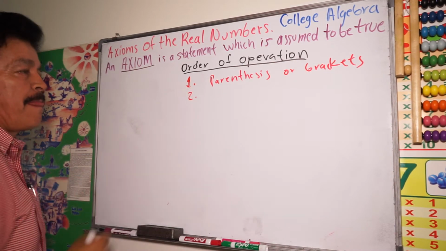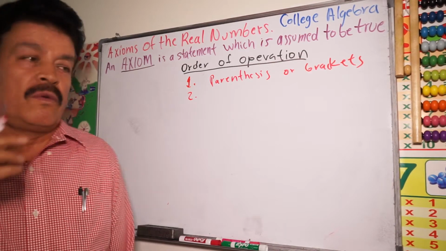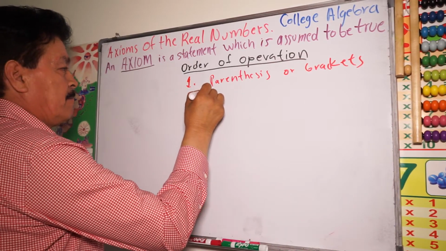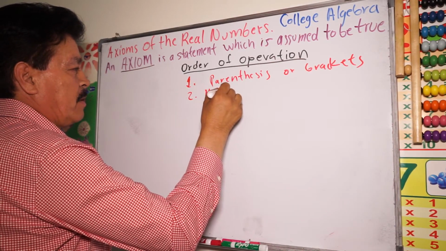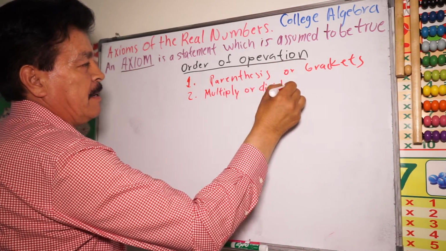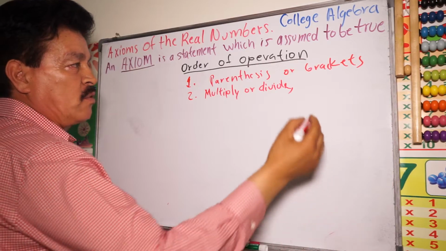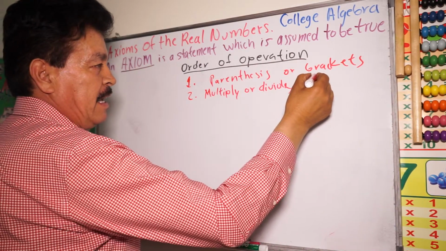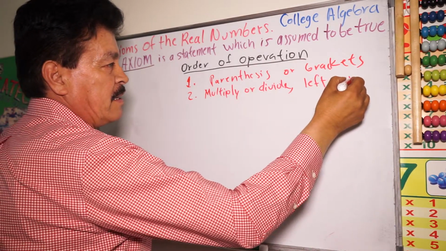Number two, the step number two, multiply or divide, left to right.